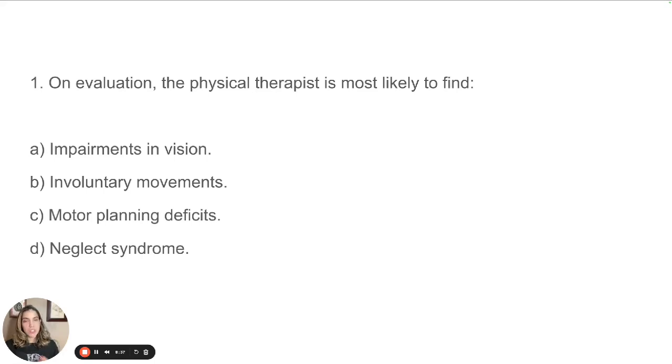Okay? So some people recommend when you're reading a question, the stem and then the lead-in, to read from the end to the front. Like the end is what are they asking me? So in this case, we would read first, on evaluation, the physical therapist is most likely to find.